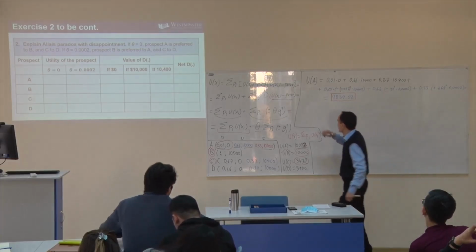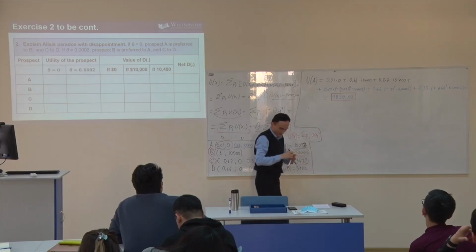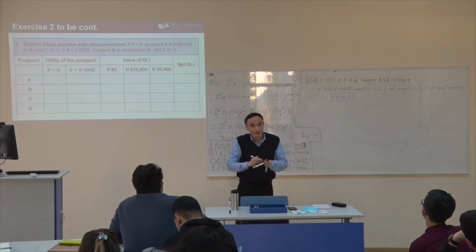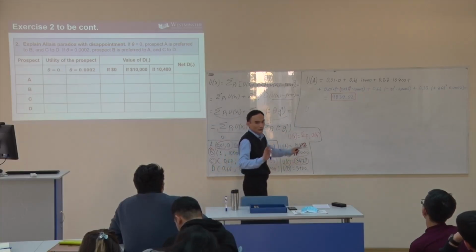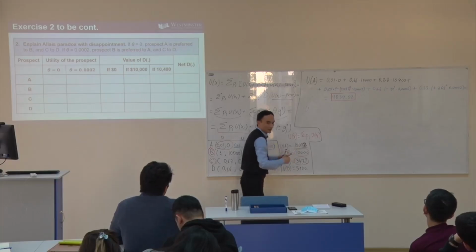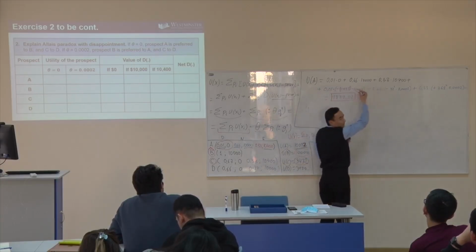Let's do it for prospect B. Can we compare this one with the initial utility? No. We cannot, because here theta is 0. Here, what are we comparing to this one? Expectation.